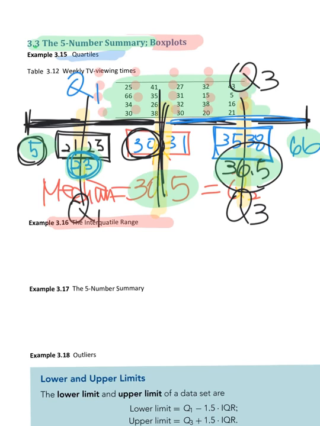Interquartile range. You know, before we had a range. What was the range? Do you remember that? The measure of the variations. We had the variance, standard deviation, and the range. Who was the range? Maximum minus the minimum.